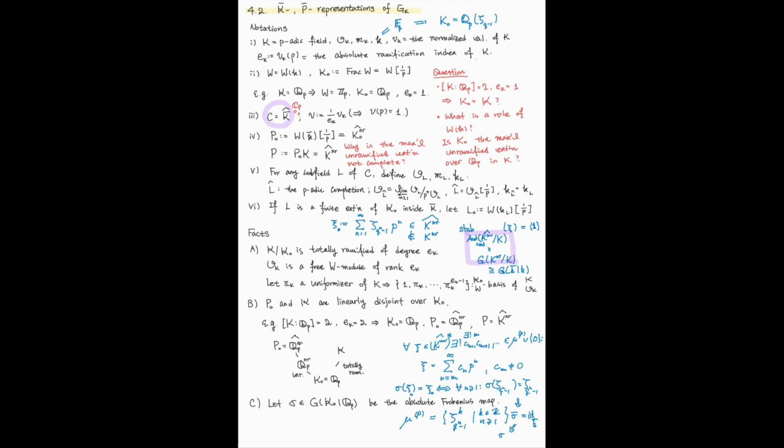The continuous automorphisms of the completion of k^nr are the same as the Galois automorphisms of k^nr, and the stabilizer of this element is, I think, just trivial.